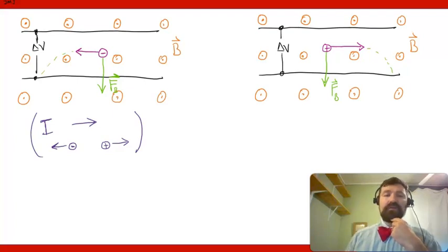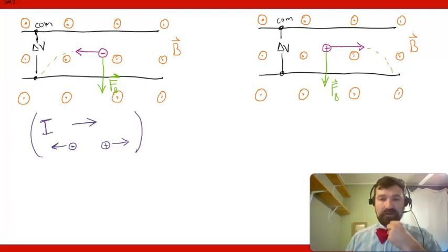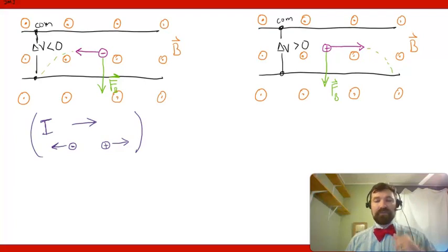Maybe I have my common black lead here, and then this is the delta V red. This one right here will read out as greater than 0, a positive voltage. And this one right here will read out as negative, a negative voltage.